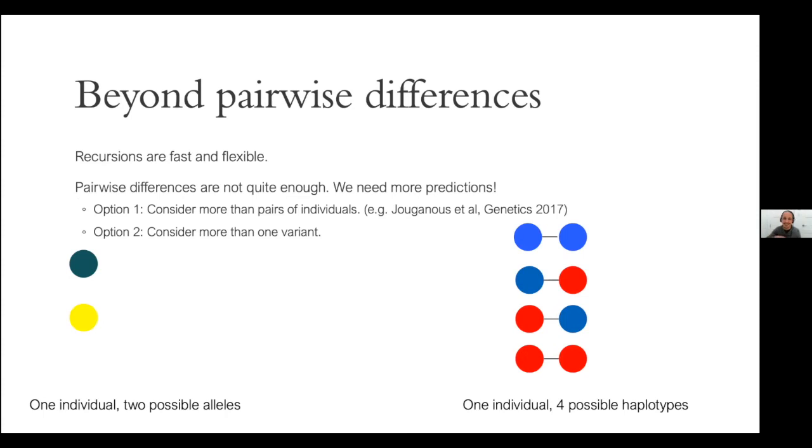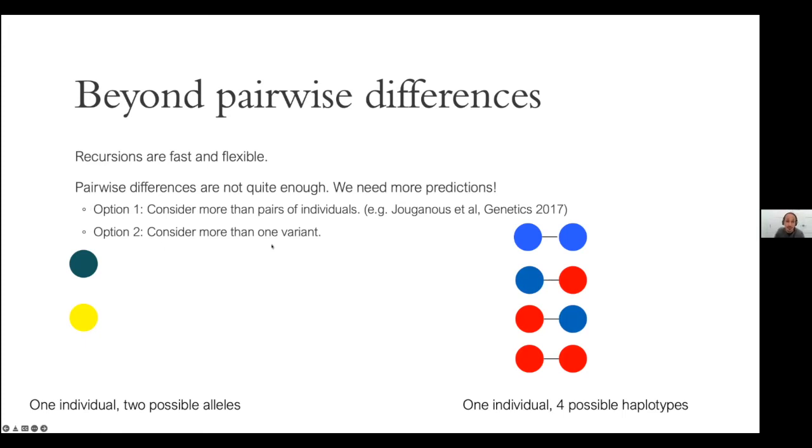Let's take 100 individuals and look at the distribution of allele frequencies within this sample. We've tried that, and it's interesting, but it doesn't scale. It's not computationally performant enough for our purposes, so I won't talk about that.